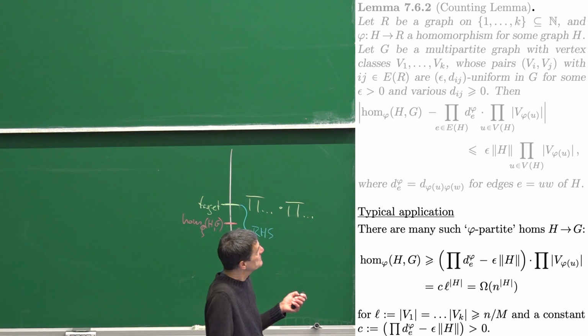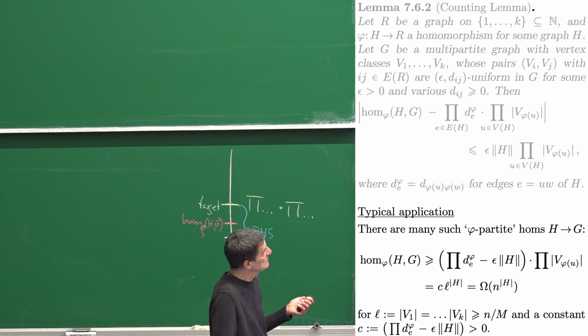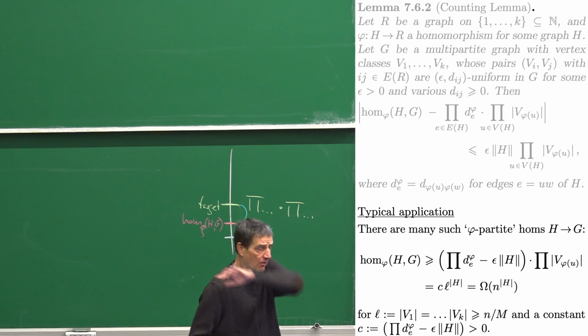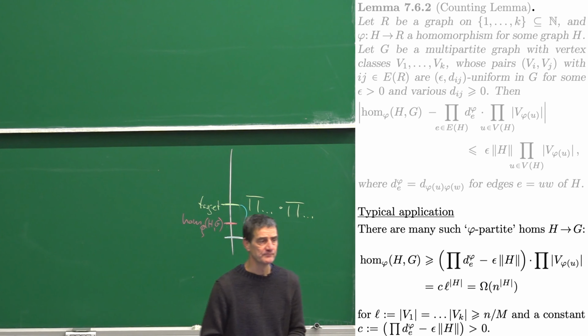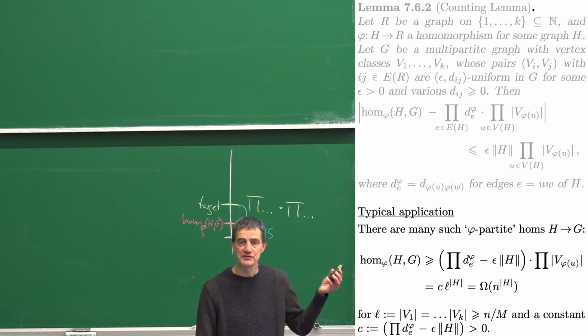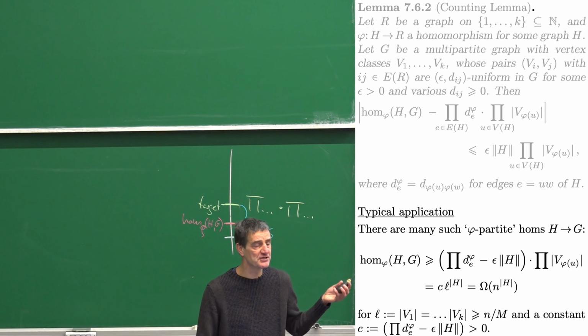But if this C is positive, then C times l to the power of the order of H is also positive, but maybe less than 1. But the assertion is that the number of homomorphisms is bigger than this positive little number. So it seems we've proved that H is a subgraph of G.